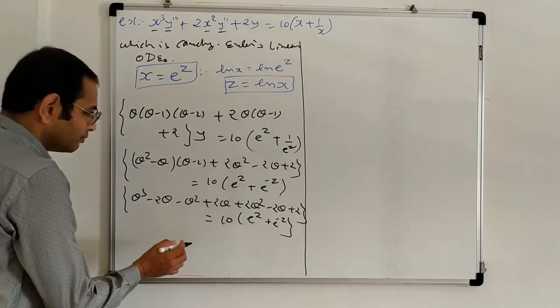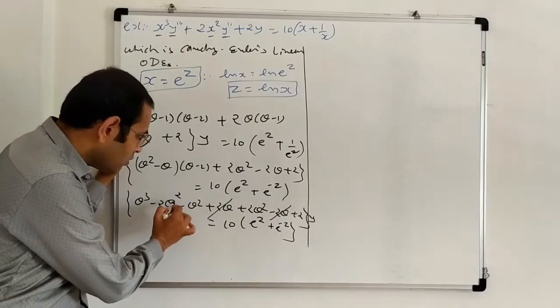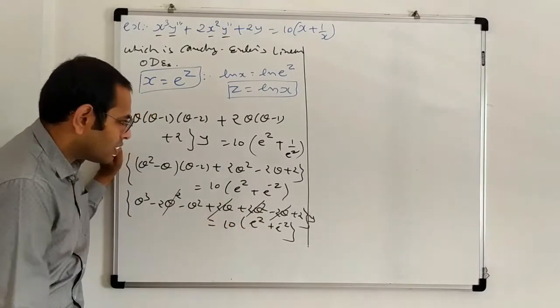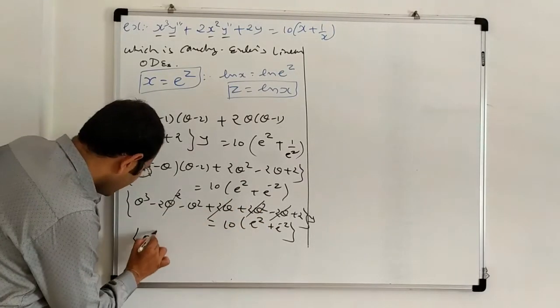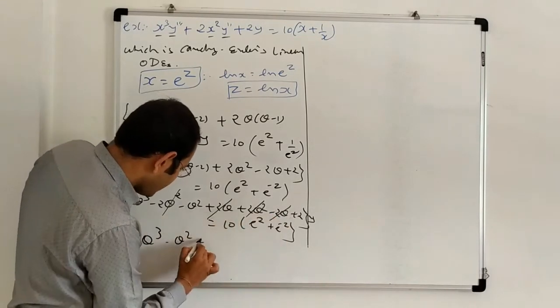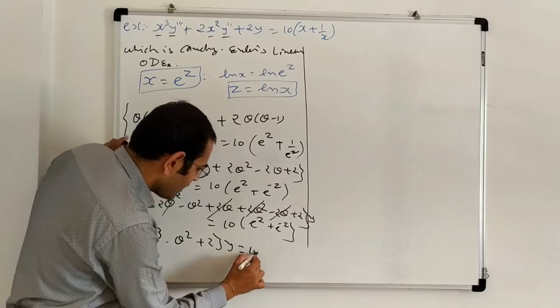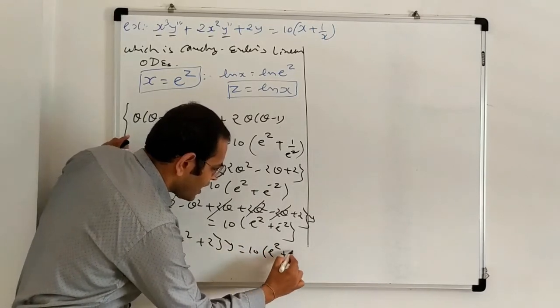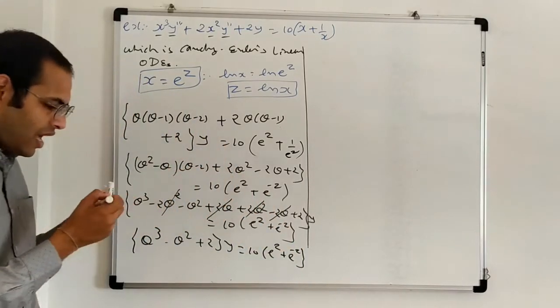Now simplify this term. Now these terms cancel out. The remaining term is theta cube minus theta square plus 2 of y equal to 10 e raised to z plus e raised to minus z.